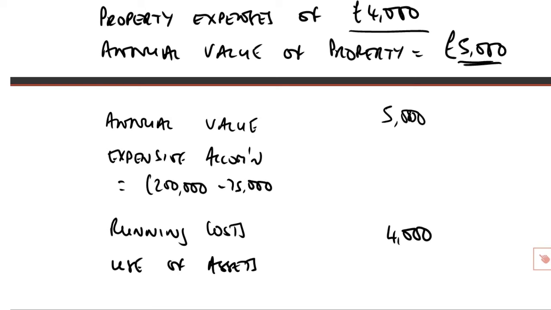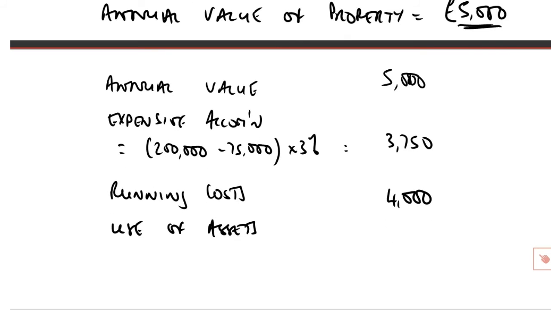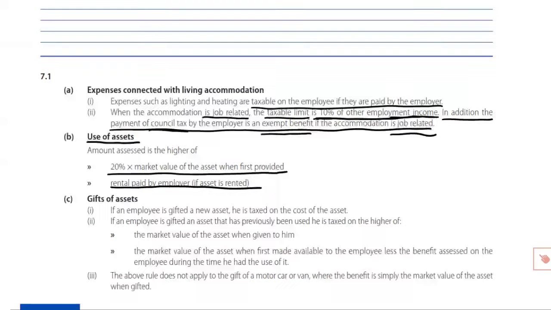It exceeds 75,000 times 3%. 200 minus 75 is 125. 3% of that is, I think, but do check, £3,750. The use of the assets there, what we need, let me just go back to the note and show you.